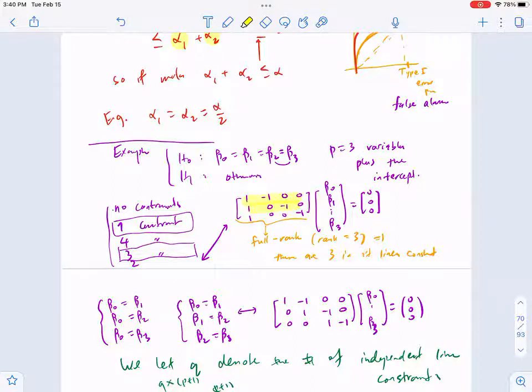So we are working with independent constraints. For example, we translated this into 3 independent constraints.